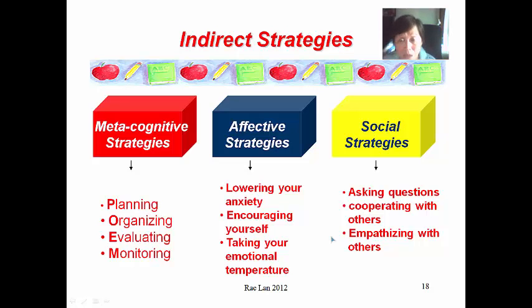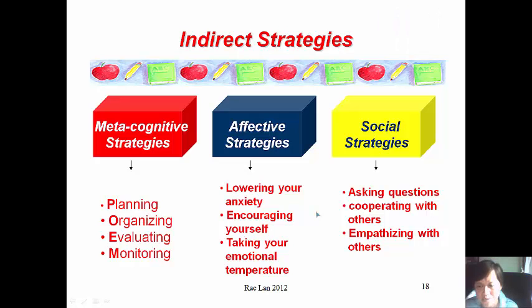That means we pay attention to our emotional response. We pay attention to our motivational issues. If we don't feel like studying, we would drop it, go and do something that we enjoy doing, and then come back to learning again. By doing this, we are applying affective strategies.